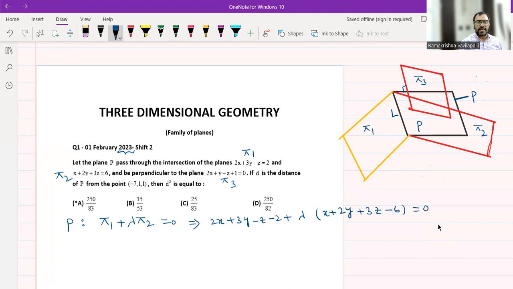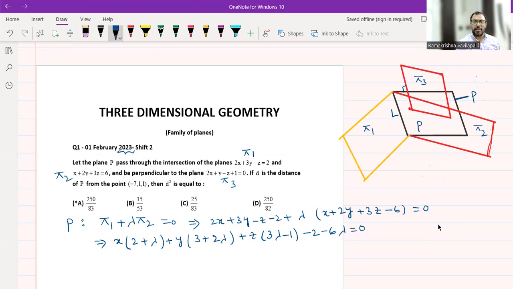If you want, you can write directly like this. x into the x coefficient in the first plane is 2, for the second plane multiply by lambda, so 2 plus lambda. Similarly, plus y into 3 plus 2 lambda, plus z into 3 lambda minus 1, minus 2 minus 6 lambda equal to 0. So this is the plane P.